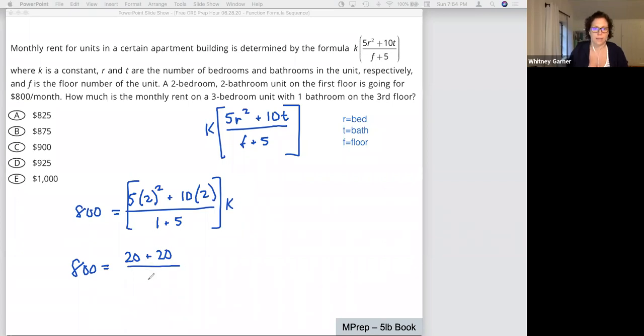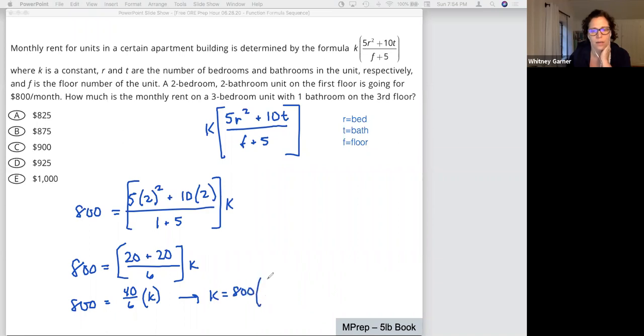Over this guy is 6 times K. And 800 equals 40 over 6 times K. And so I'm going to multiply both sides by the reciprocal. So that means K is going to equal 800 times 6 over 40. 40 goes into 800 20 times, so 120. So the constant is 120.